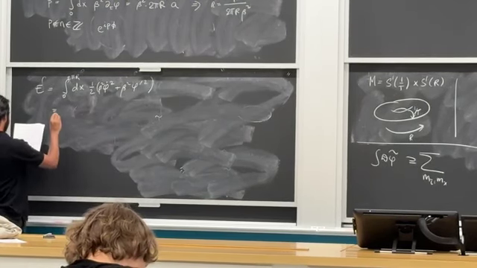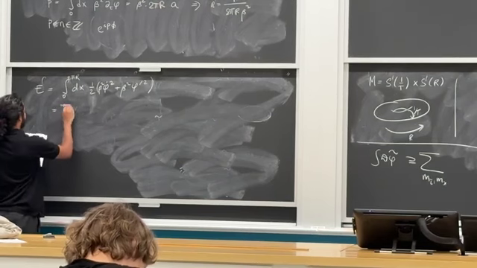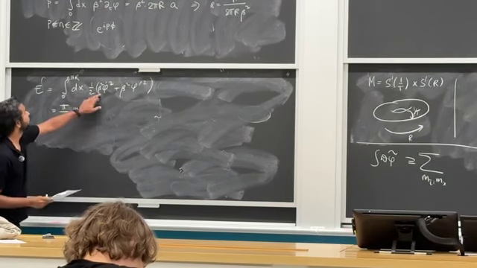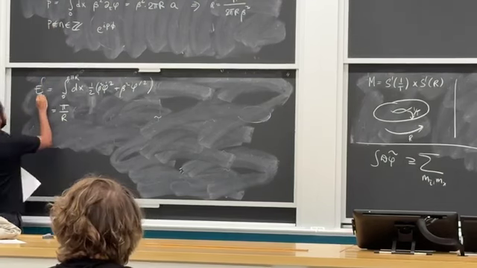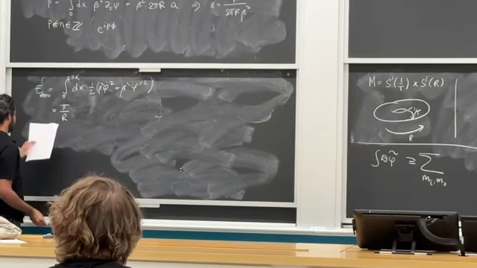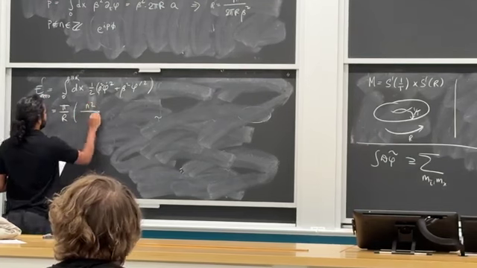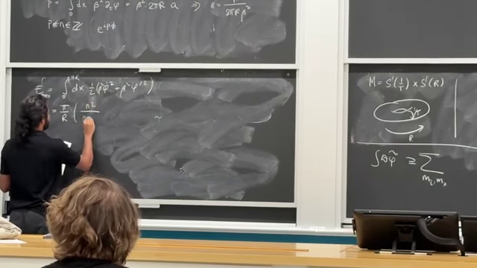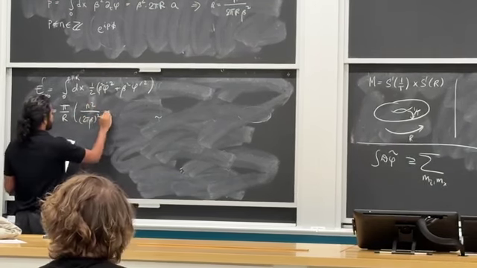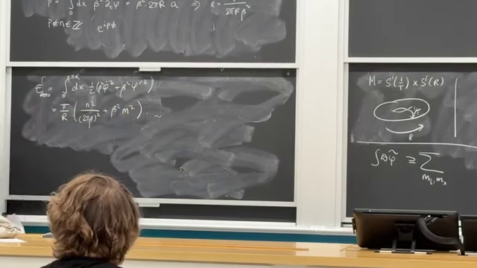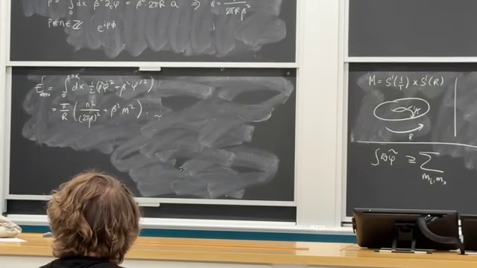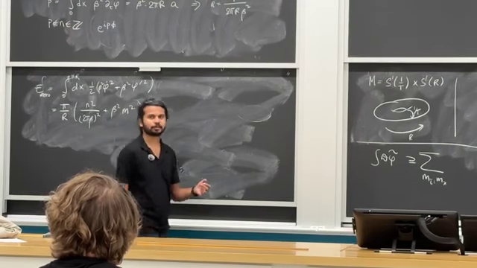And this you can compute it to be pi by r. I'm only writing the zero mode part, of course. So E0 is pi by r times m square by 2 pi beta square plus beta square m square. Now can you see T-duality here? Remember, T-duality swapped beta with 1 by 2 pi beta.